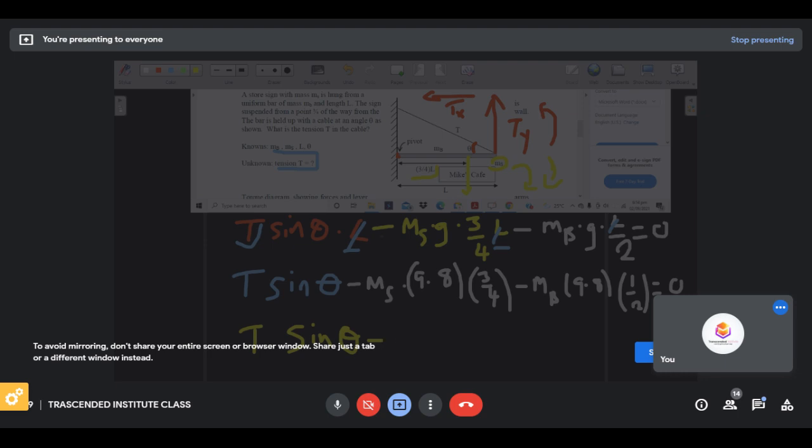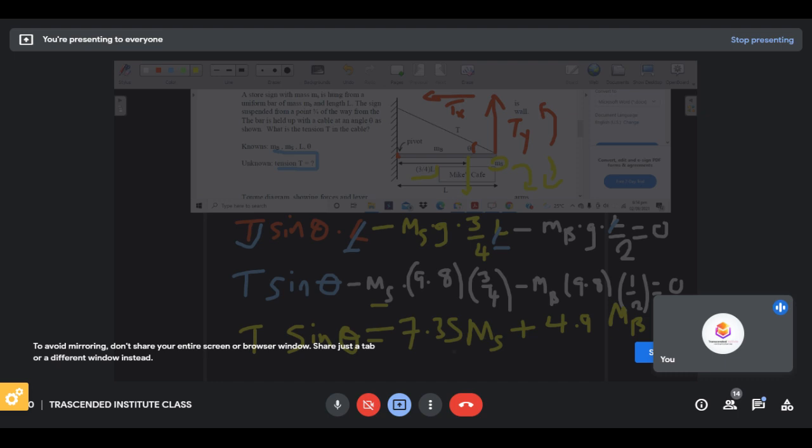Let's just take it to the other side directly, so it's going to be positive 7.35 by ms plus 9.8 divided by 2, which is 4.9 mb.